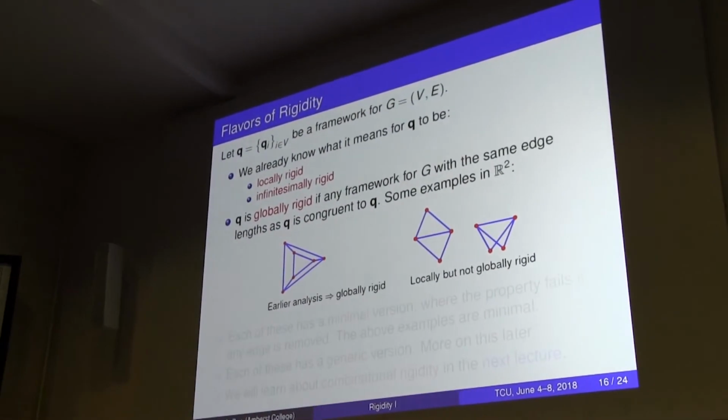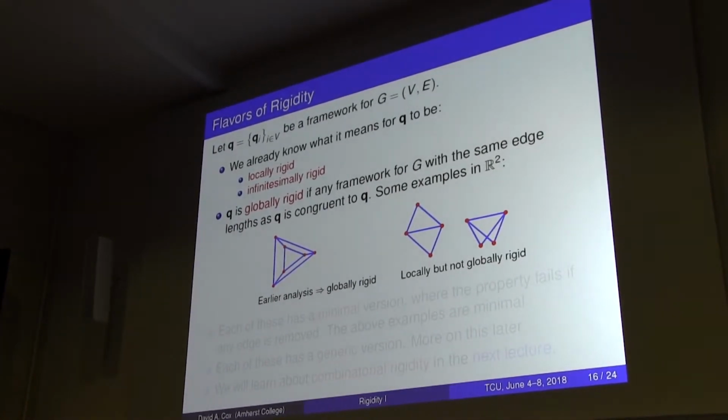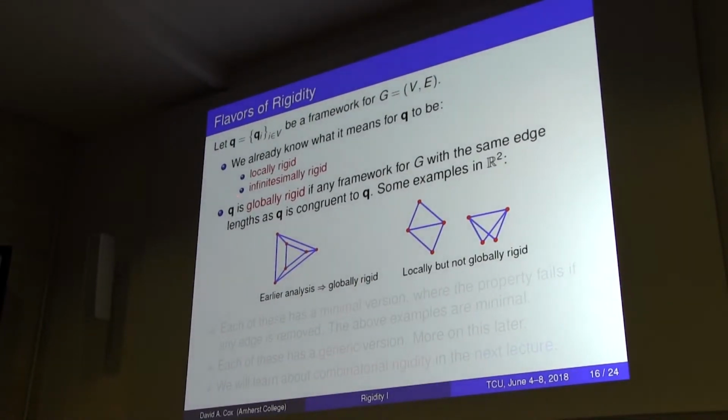Now, I said there were flavors of rigidity. We've already talked about local rigidity and infinitesimal rigidity. And of course, global rigidity means that if I have any framework with the same edge lengths, then it's actually just plain congruent to Q. For example, it turns out our earlier analysis makes it pretty easy to see that this one, again working in the plane, is globally rigid.